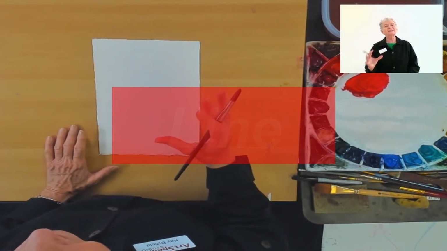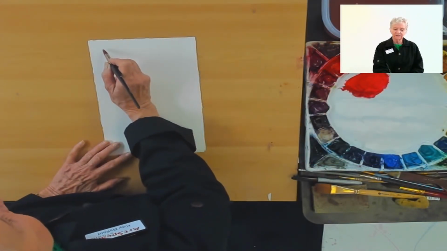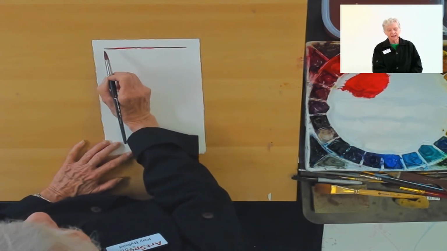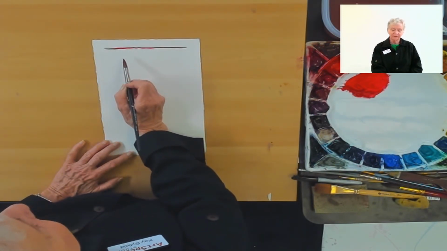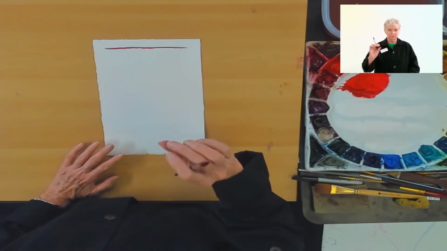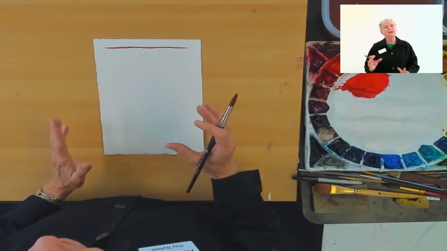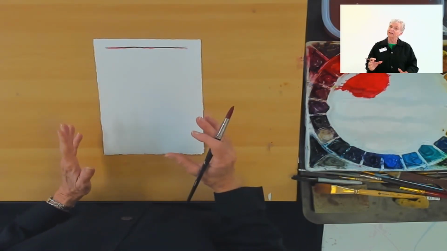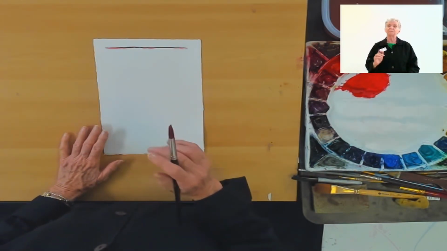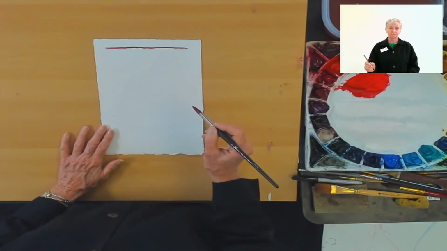Okay, so let's talk about line. Line is two-dimensional. It has length and it has width, and it doesn't have depth, because two-dimensional artworks by definition don't have depth. And because line does not exist in nature, there is no line in nature, artists use line in particular ways to do an artwork.